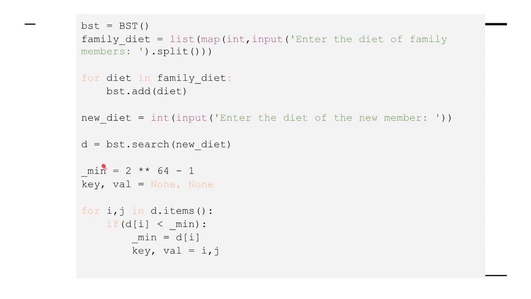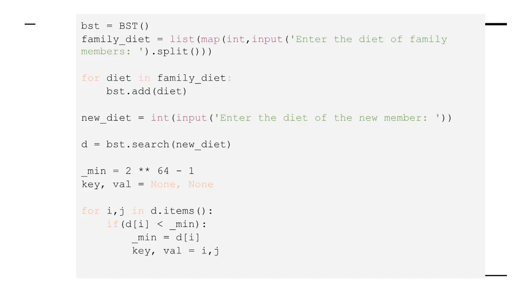Then we are going to search for the nearest diet, or whether we get an equal diet or not. This will return a dictionary, as I explained. Now we are going to traverse through the dictionary and find the key and value where the difference is minimum. And if the difference is zero, that means we found the same element, meaning we found the person who has diet equal to the new guy's diet.